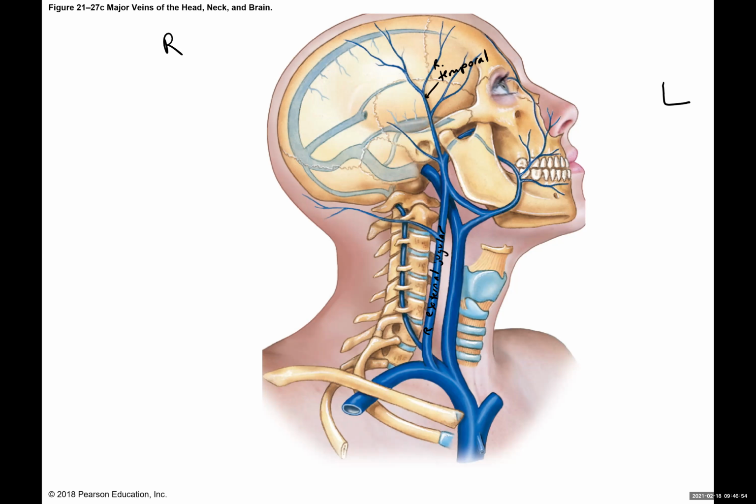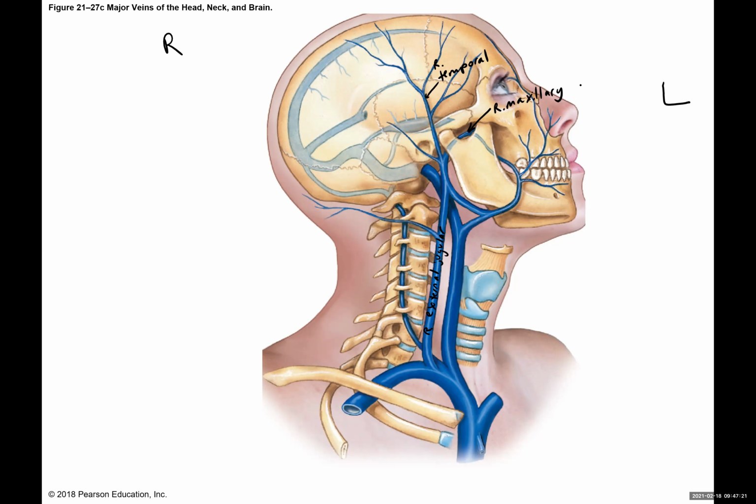Also feeding into the right external jugular vein, we will be labeling here our right maxillary vein. And remember, I'm saving myself a little bit of time by not writing the word vein every time, but that is definitely part of your study practice. So make sure you're paying attention to that.